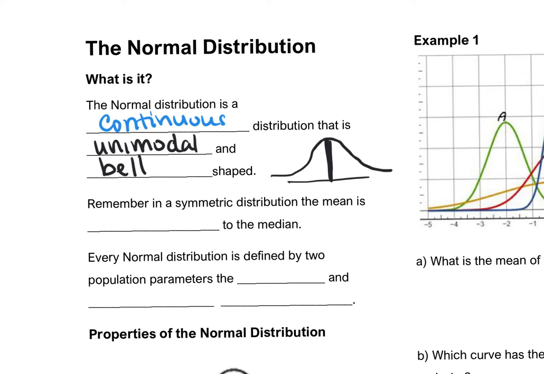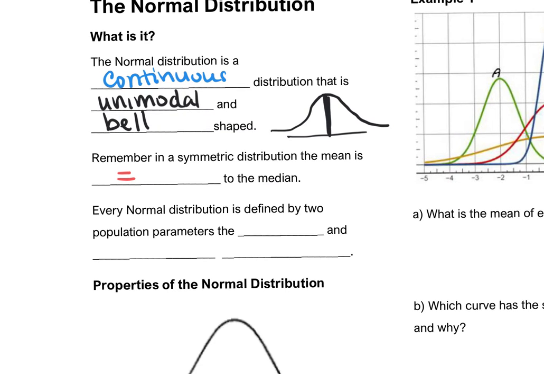So it's a symmetric distribution. And remember, in the symmetric distribution, the mean is always going to be equal to the median. And we can define every normal distribution by two population parameters. Remember, your parameters are just your true values. So we have two true values for this.